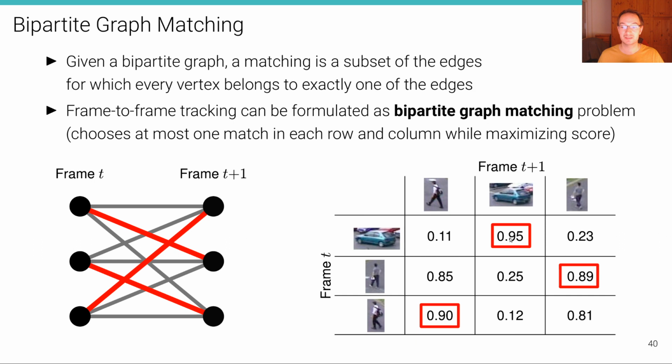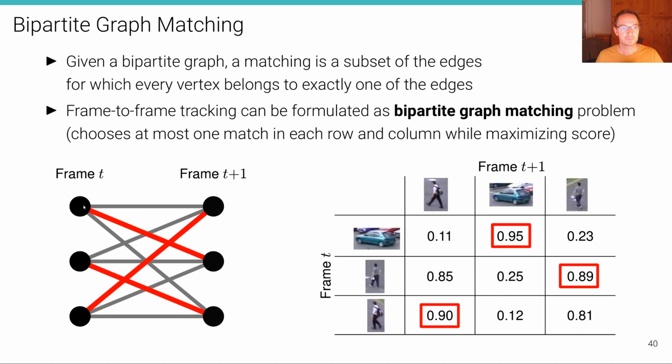We want to maximize the sum of these numbers for such a bipartite graph matching. For example, if we would choose the diagonal, which would also be a valid match, we would have a smaller sum than for this particular association here. And this particular association actually corresponds to the matching that's illustrated here on the left.